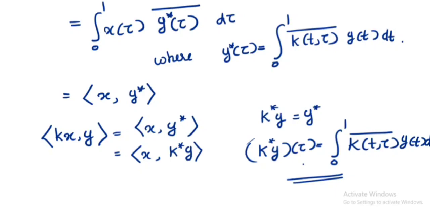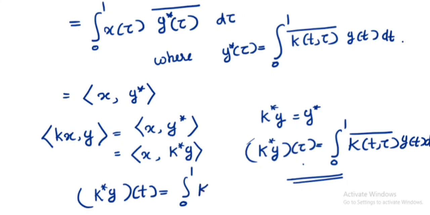Therefore, here if you replace this notation as y star(t), what about K star y of t? It is equal to the integral from 0 to 1. What do we have to write?